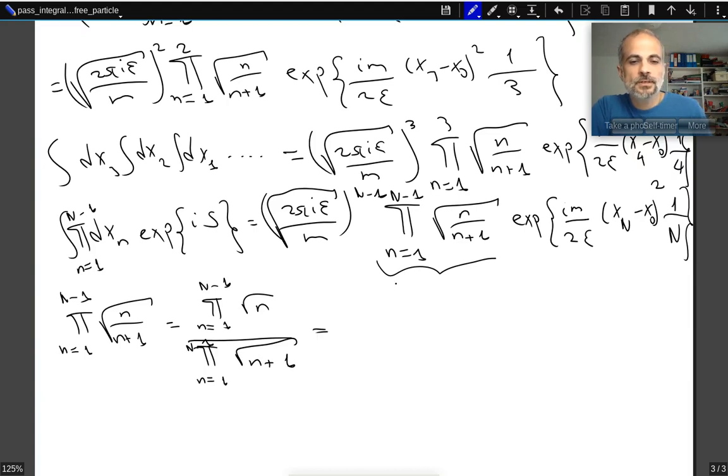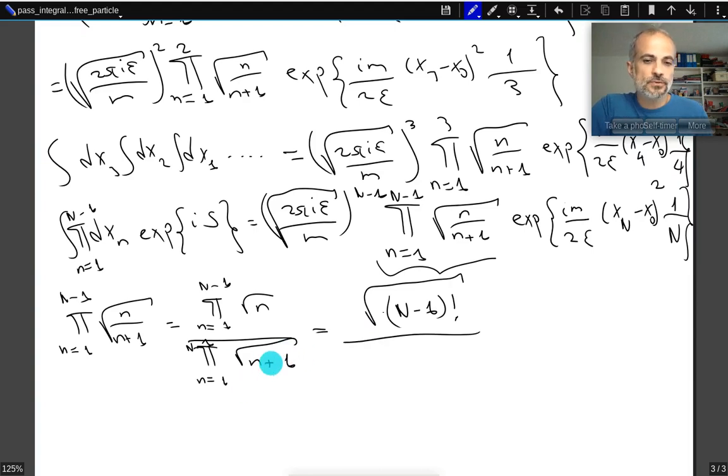So this will be under the square root. We have 1 times 2 times, essentially, n minus 1 factorial divided by, well, this one starts from 2, but we can just add 1 and it goes up to the last term, n, so square root of n factorial.